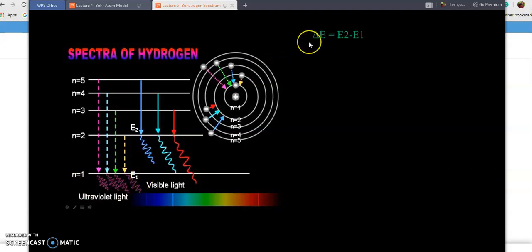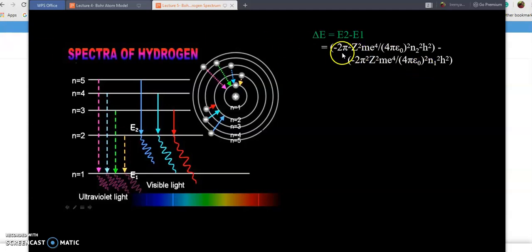Then the difference in energy, delta E, will be E2 minus E1, and from the equation of energy of electrons in hydrogen atom, we have the expression of energy of electron in the hydrogen atom, and for E2 this will be the equation, since here n is equal to n2, and for E1 it's n1.